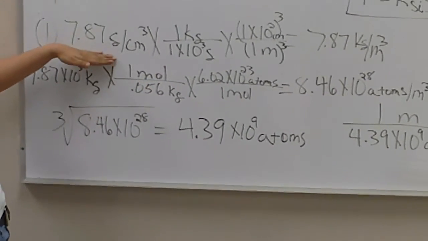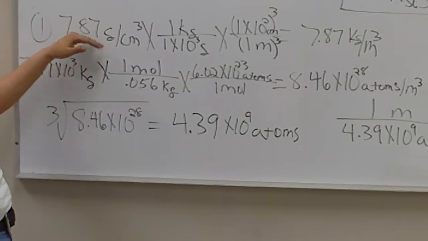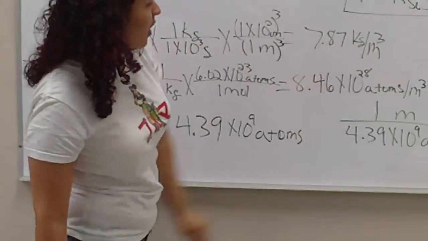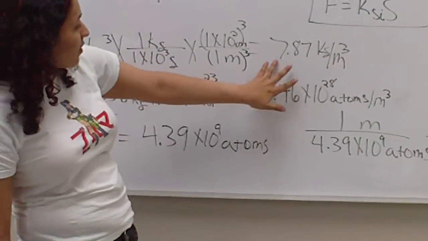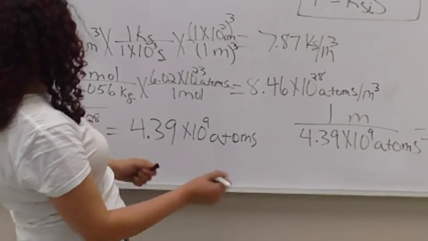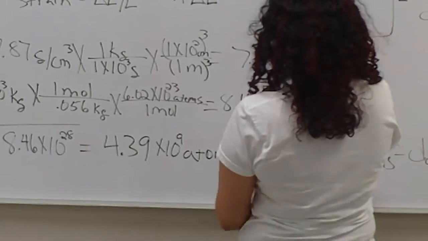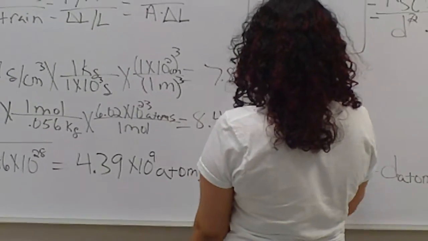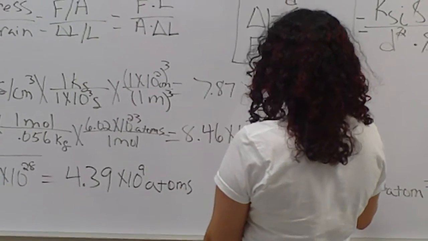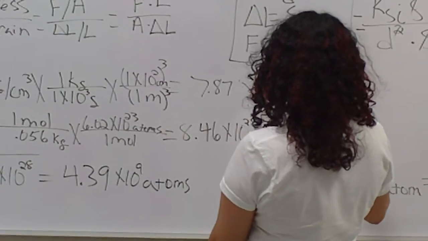So we're going to have to convert it to SI units. When we convert to SI units, we get 7.87 times 10 to the third kilograms per meter cubed.